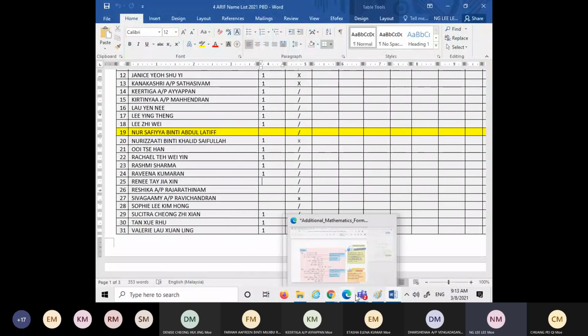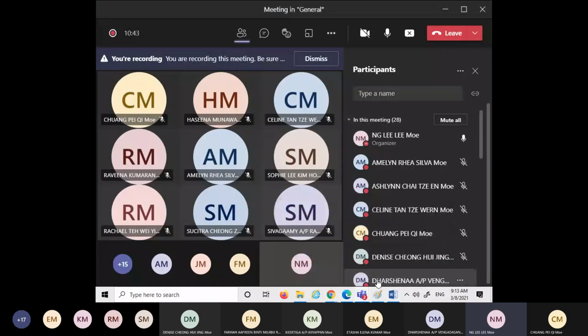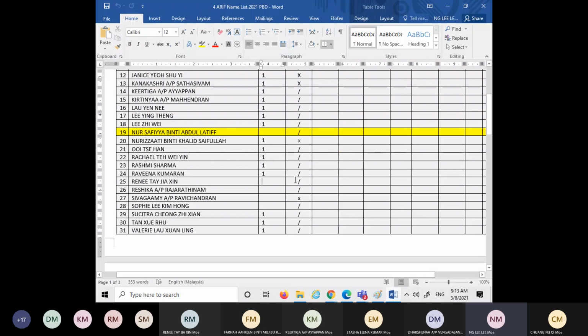Yes, teacher. What's the meaning of reciprocal? Like the inverse of the number. Yeah, very good. Let me ask this question. What is the reciprocal for 2? 1/2. Very good. Thank you very much. So I give you the 1 mark here.